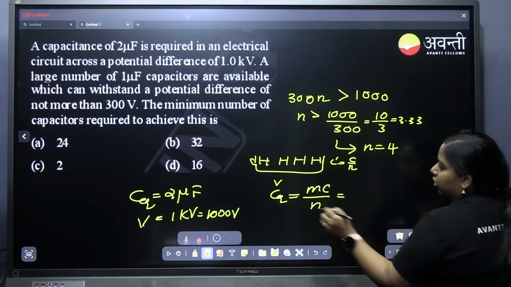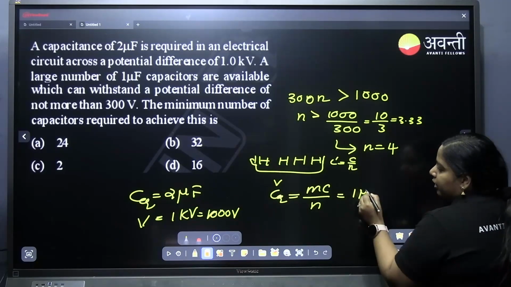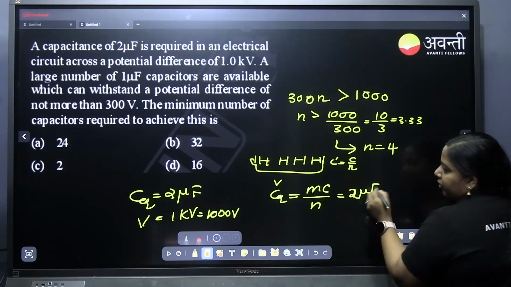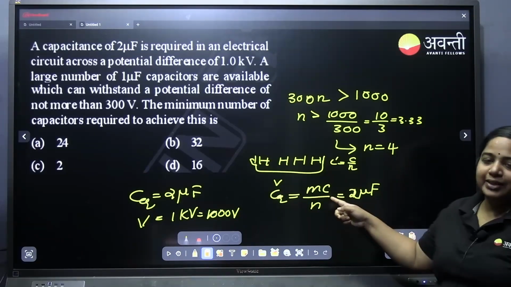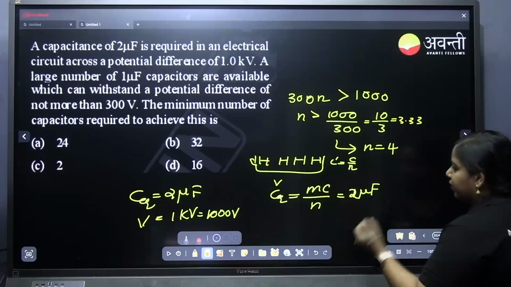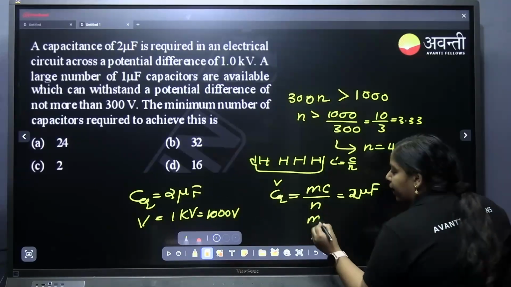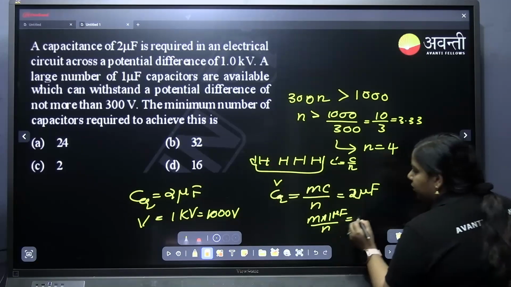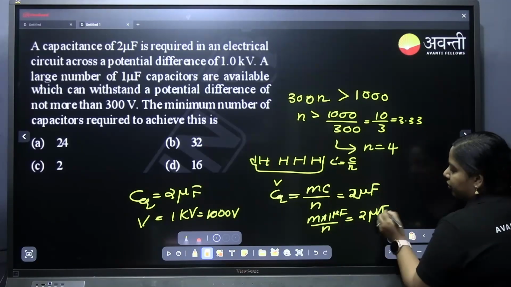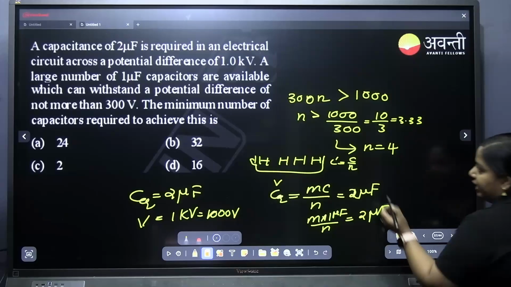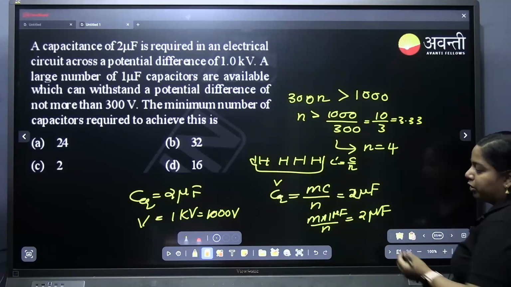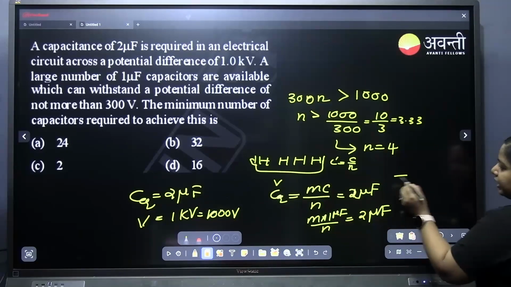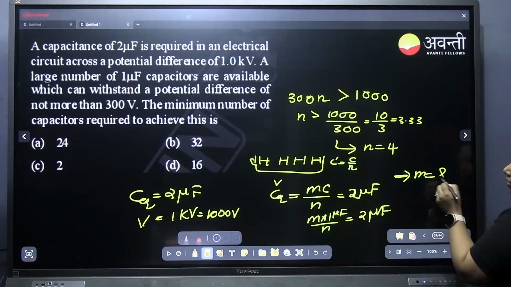It is given as what? 2 mu F. Individual capacitance is given as 1. Then we can write m into 1 mu F by n equal to 2 mu F. Okay, then n we found as 4. So when we substitute we will get m equal to 8.